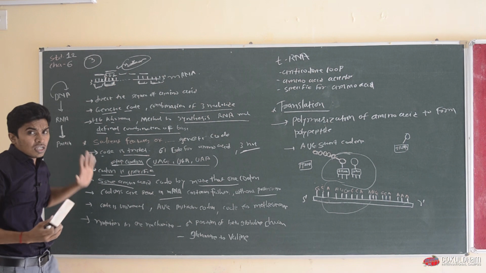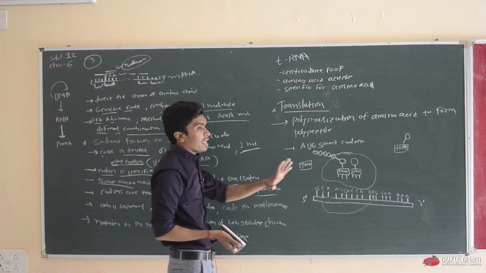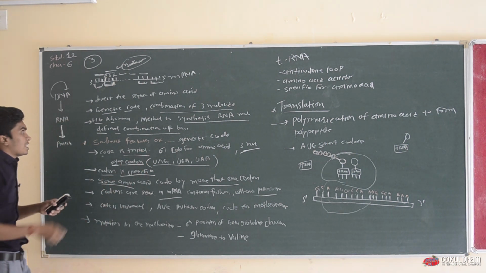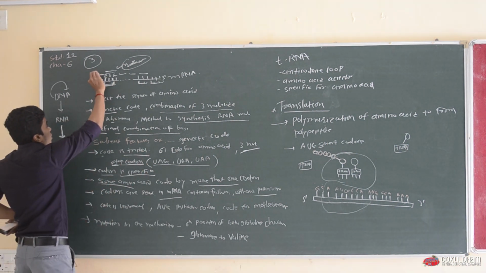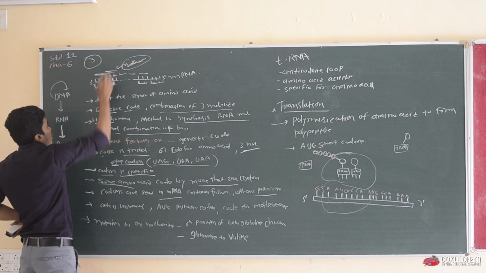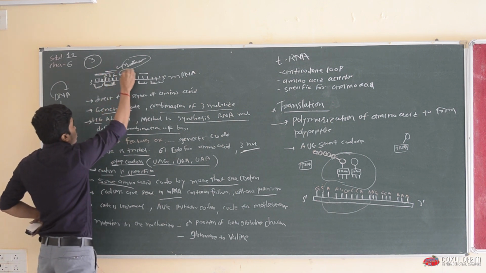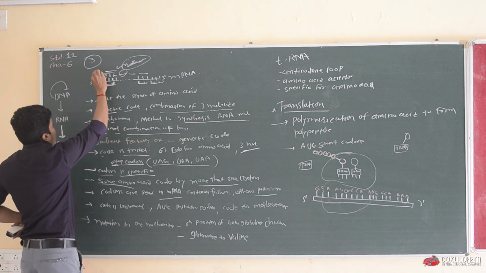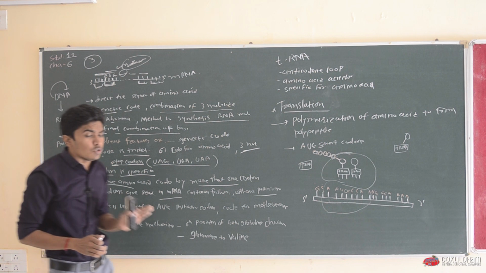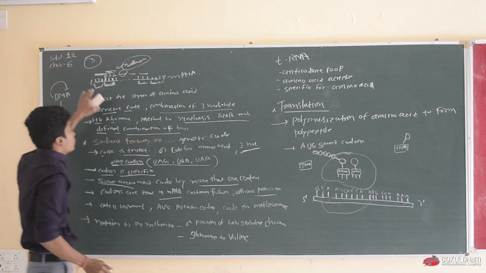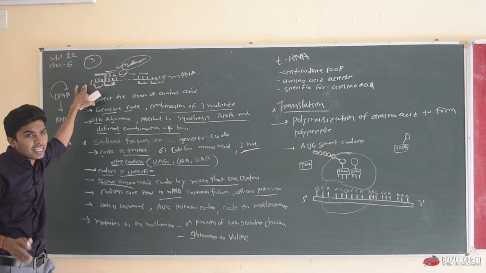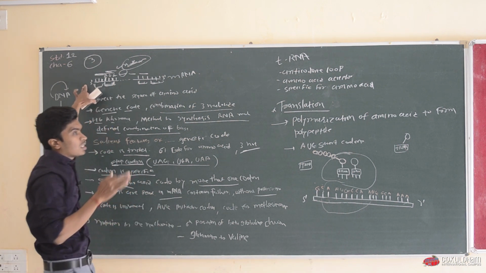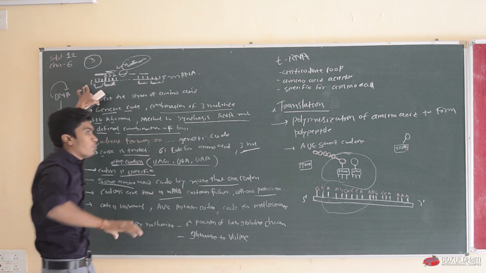Likewise, it is read continuously, without any failure. It is not like they read this codon, then leave this codon and read another. That does not happen. It is read in a continuous manner. So the codes present on mRNA are responsible for the sequence of amino acids in a polypeptide chain.